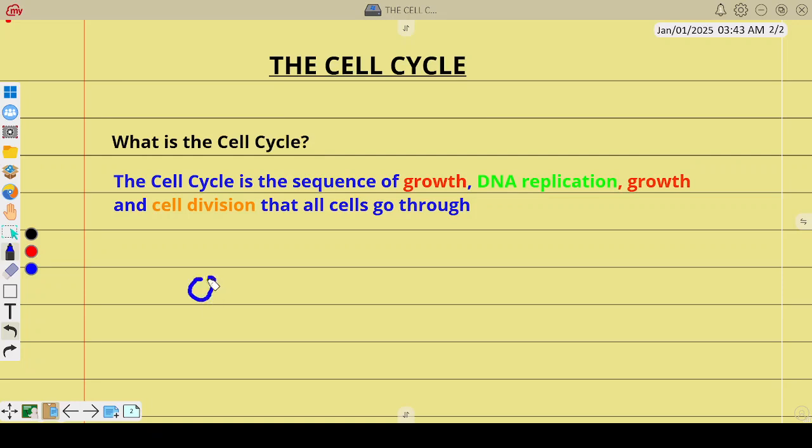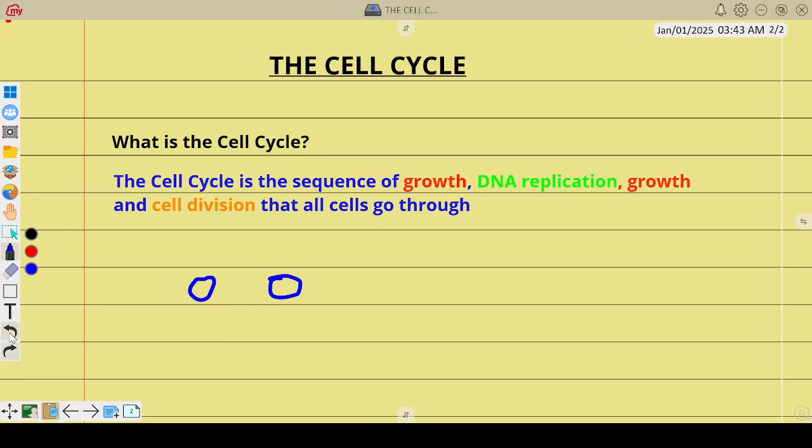A cell will usually be small, and then in its smallness, the DNA inside it will replicate. That is DNA replication. Like if we have 23, the DNA will be 46.